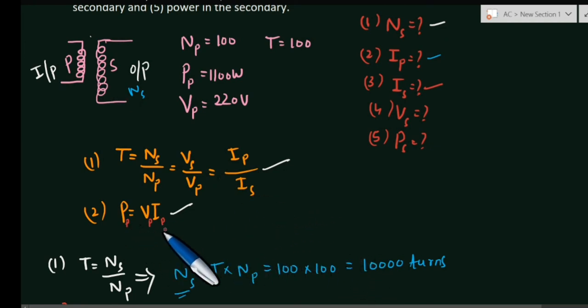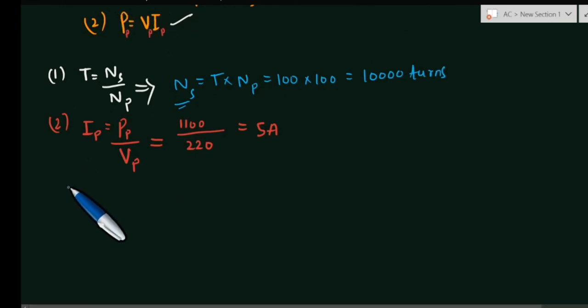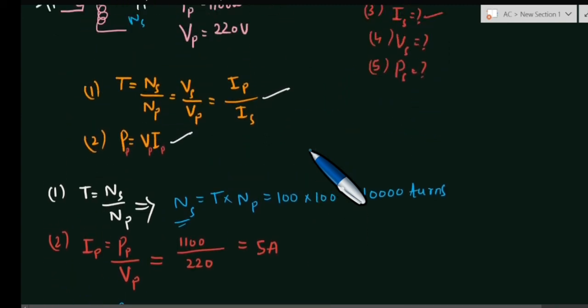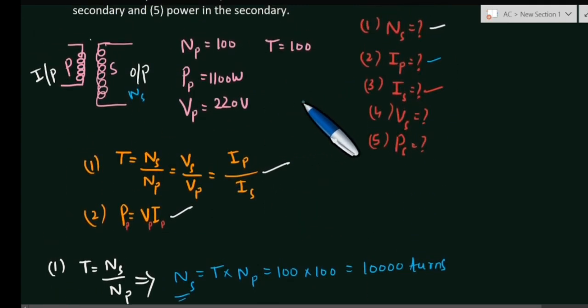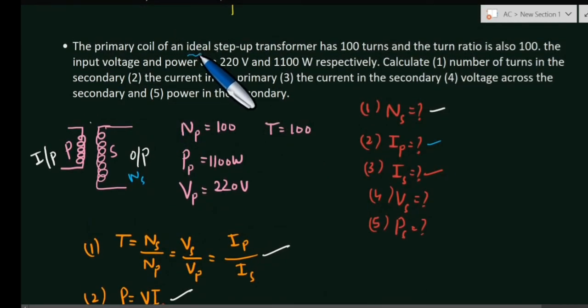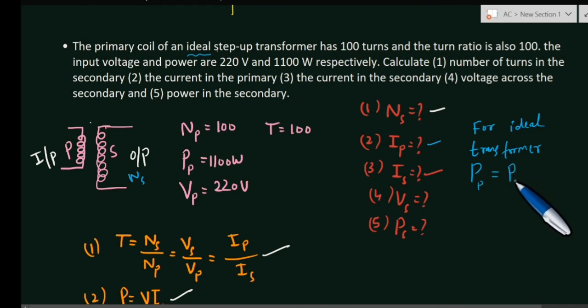That can be calculated by using Ps is equal to Vs Is. So the third one, Is is equal to Ps divided by Vs. The value of Pp they have given, and since they have said in the question itself that it is an ideal transformer, for an ideal transformer the power at the input is equal to the power at the output, that is the secondary.